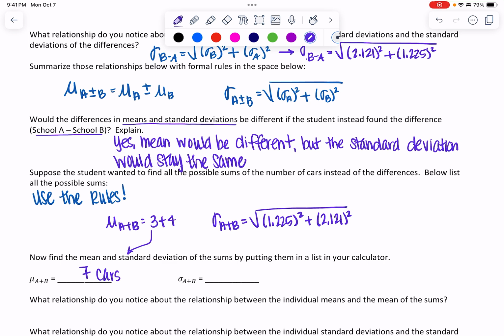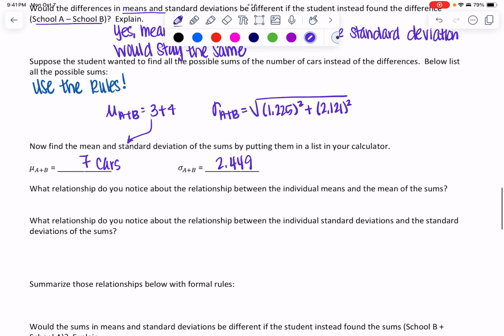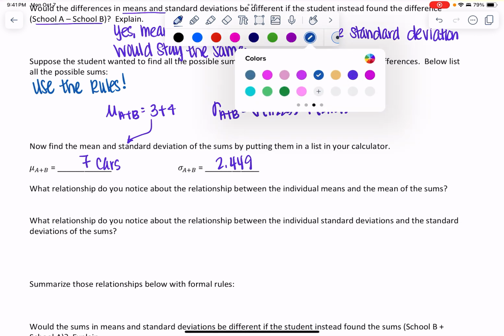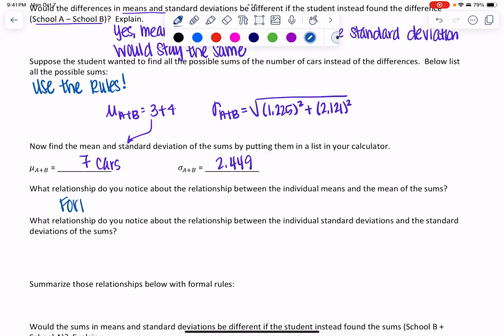And that works out to be 2.449. Again, the relationship is the formulas. Mu of A plus mu of B is equal to mu of A plus B. Standard deviation of A plus B is equal to the square root of the variances.